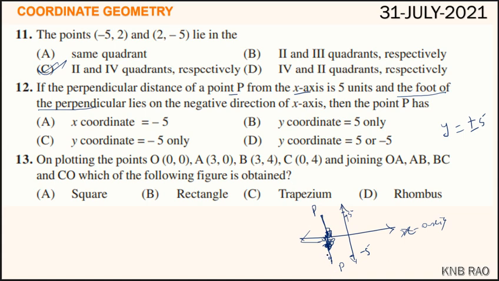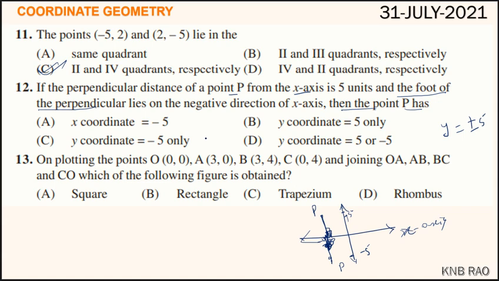Now, the point has x coordinate minus 5? No, it cannot be said. The x coordinate we cannot say. Y coordinate 5 only? No, it cannot be said. Y coordinate minus 5 only? That also we cannot say.